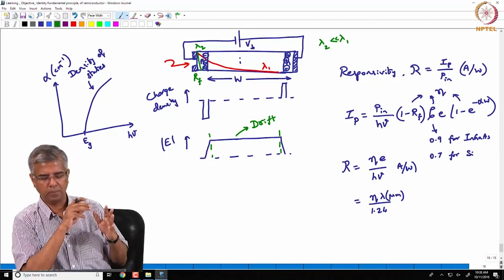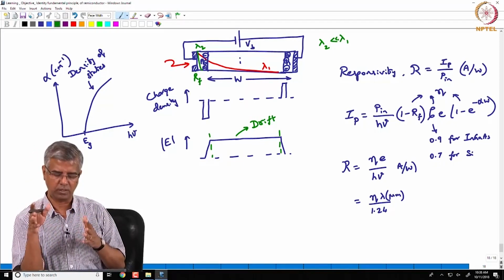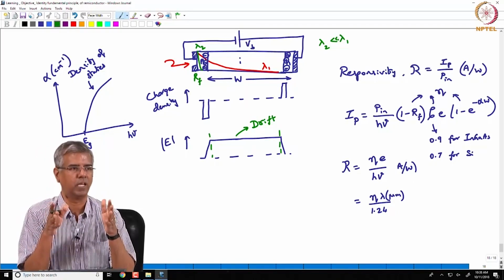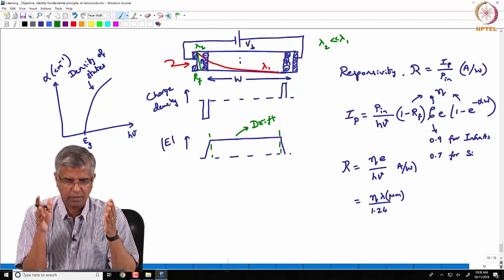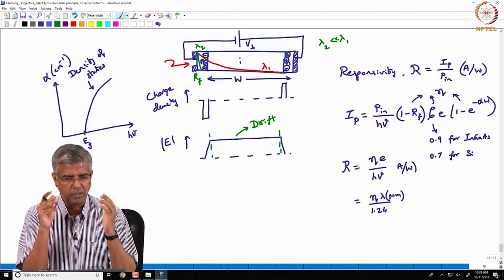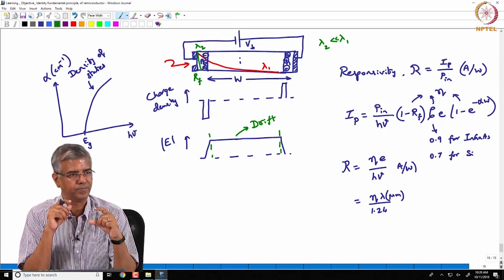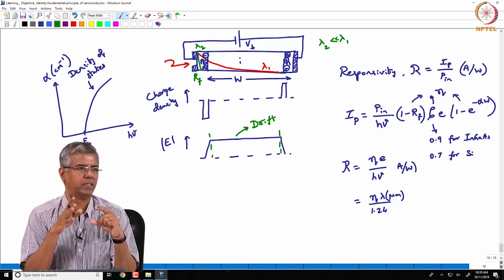So, you will have good responsivity for certain wavelengths. There are three domains that we are talking about. One domain is if you have a wavelength which corresponds to the band gap energy, that is where you start absorbing.